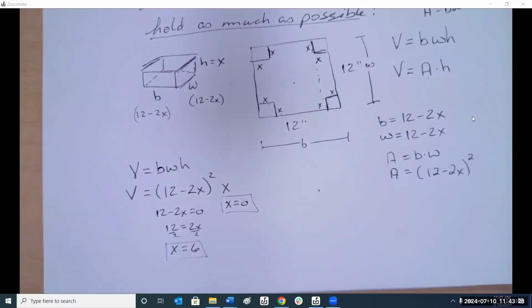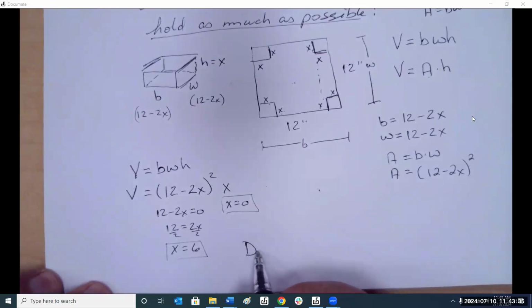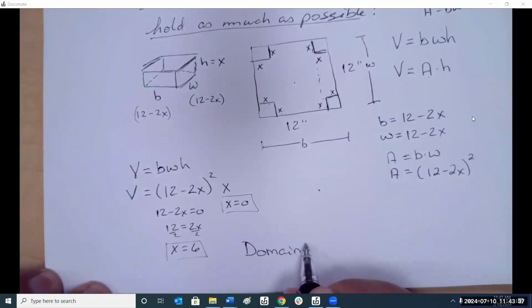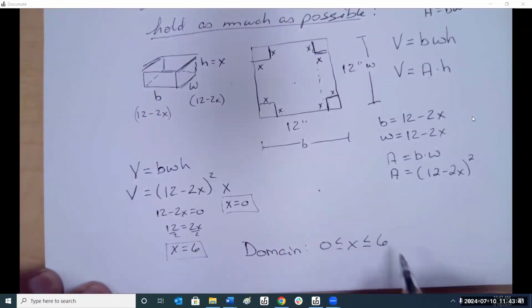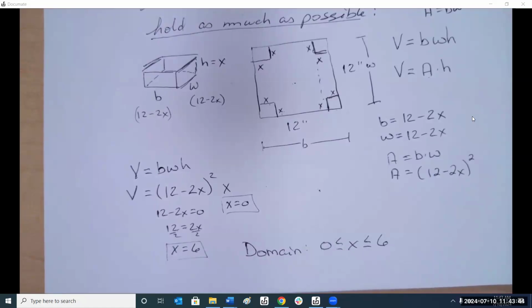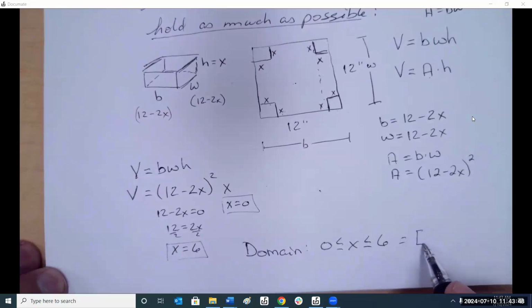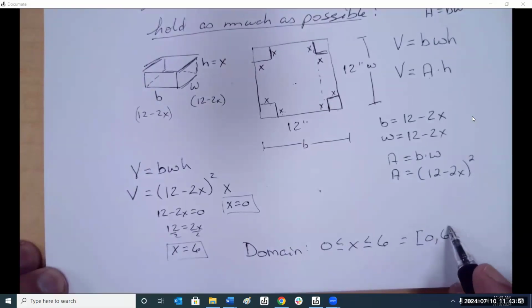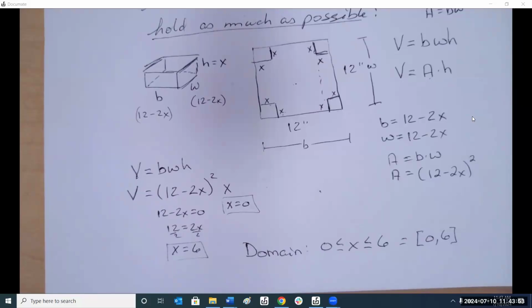What these two values just told us is the domain of x. Our x's have to be between 0 and 6. But would you really use 0 and 6 as values?